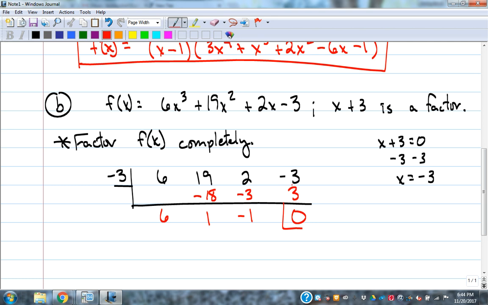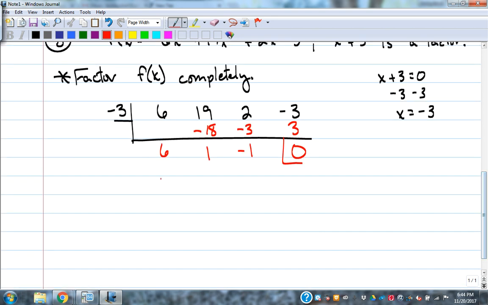Okay. Now, what does that allow us to do? That allows us to take this piece and rewrite it as 6x squared plus x minus 1. And they told us to factor this thing completely. So right now, we know that's the factored form of f of x up to that point.